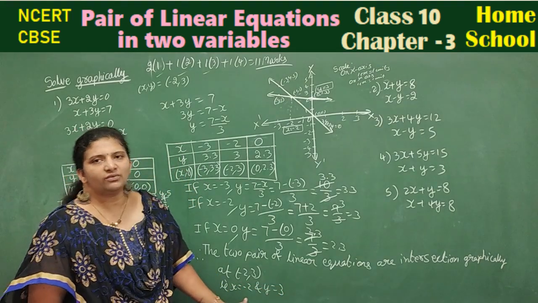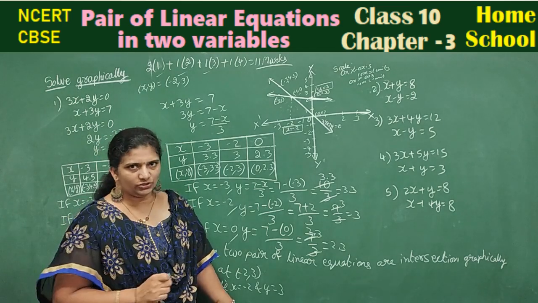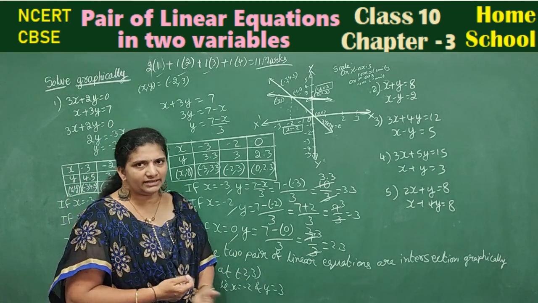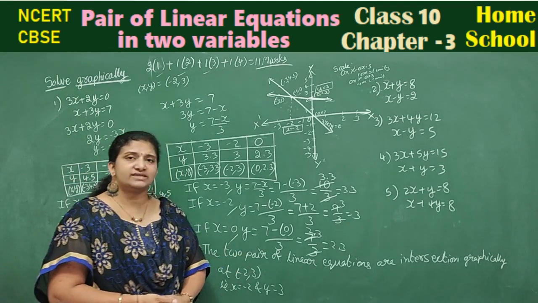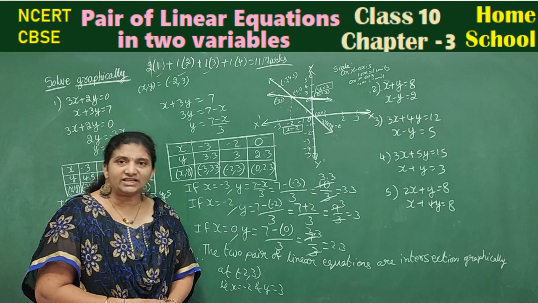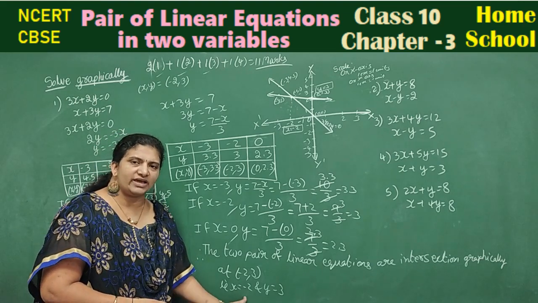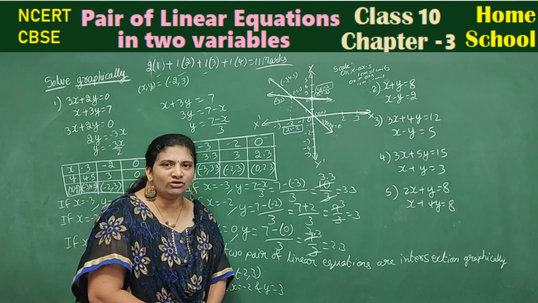The pair of linear equations have only one solution. If you want, you can write that statement also. Therefore, the two pair of linear equations are intersecting graphically at -2, 3, where x is equal to -2 and y is equal to 3.